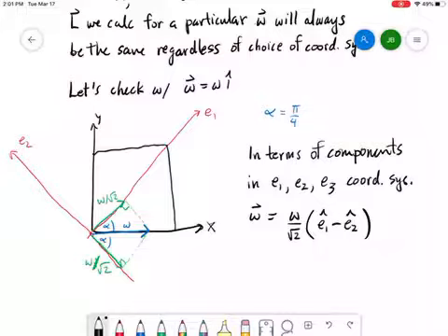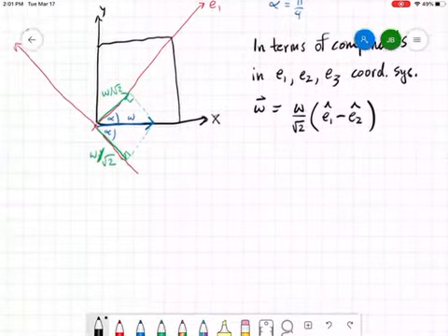Okay, good. So we have our two omega vectors in our two coordinate systems.